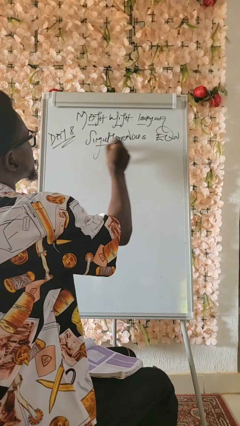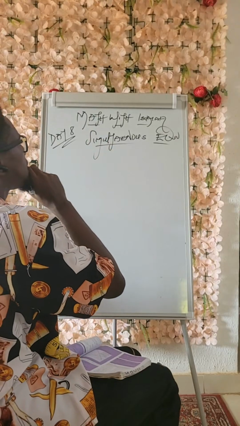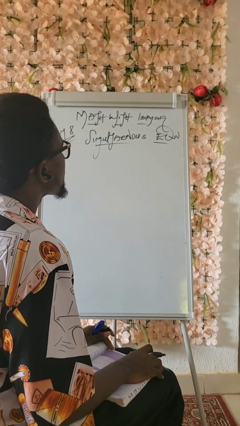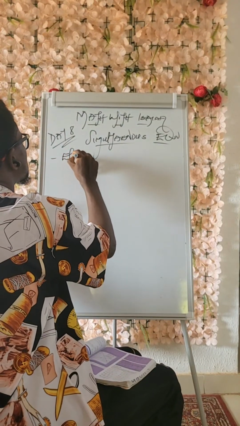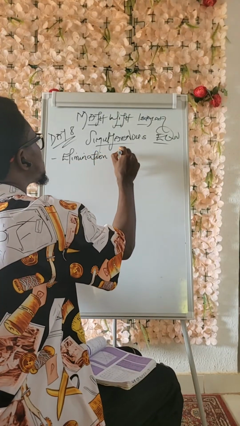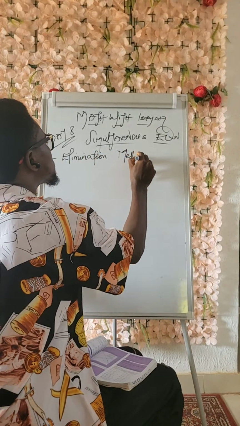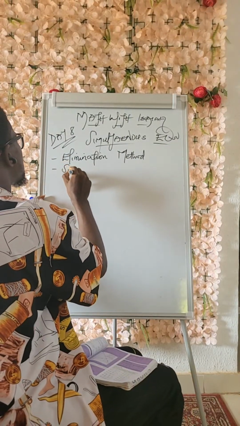Alright, so two methods of solving simultaneous equations are: the first is the elimination method, the second is the substitution method.